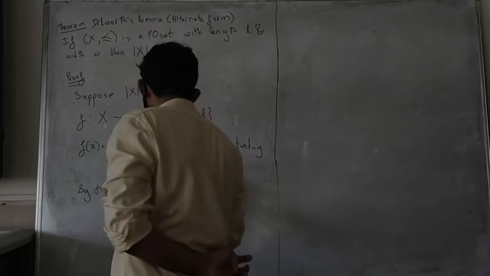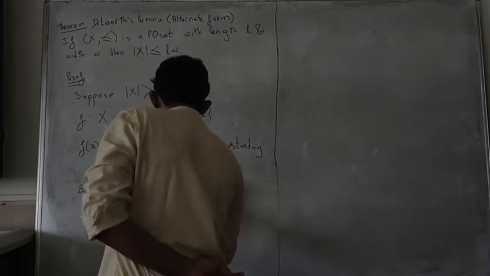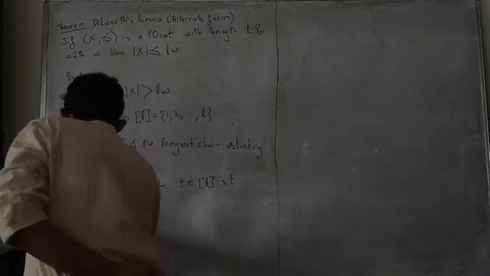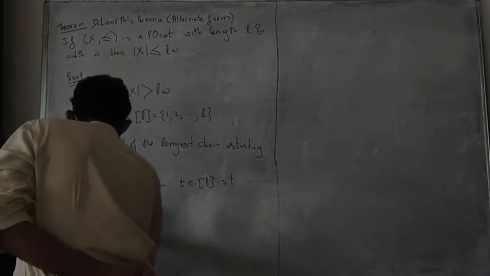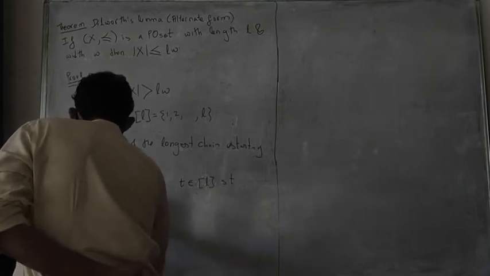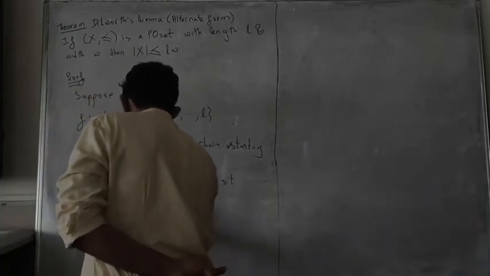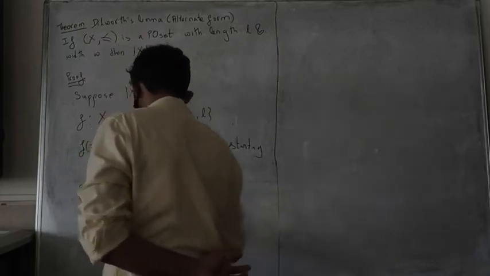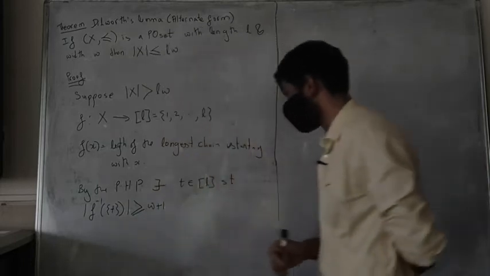So there exists some t in L such that the cardinality of the pullback is strictly greater than W, or greater than or equal to W plus 1. That's what we will get from the pigeonhole principle.